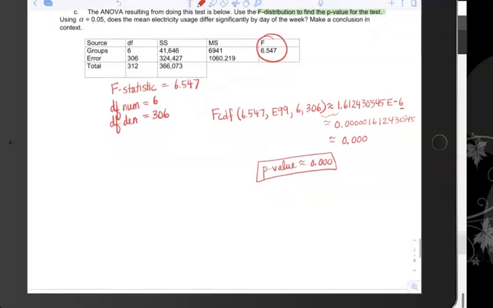Now with that p-value, what is my decision going to be?